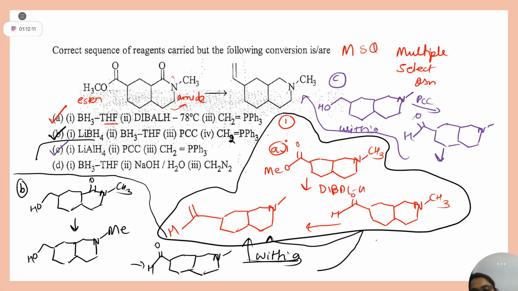Last but not the least, BH3·THF. Okay, let me change the color. It will reduce selectively amide and keep ester intact.